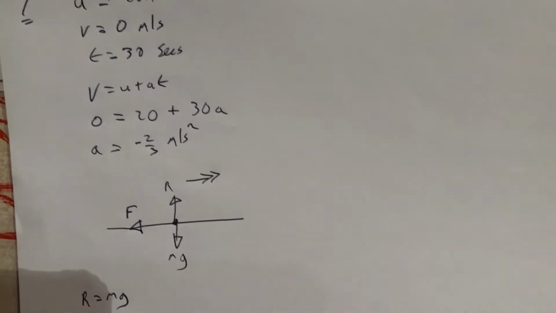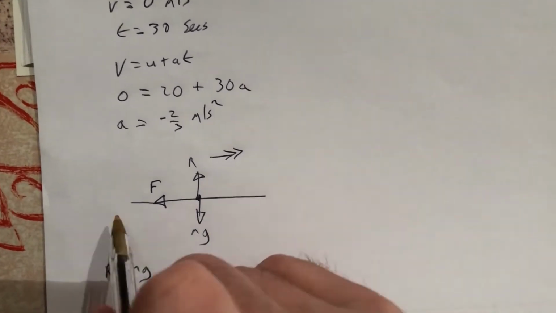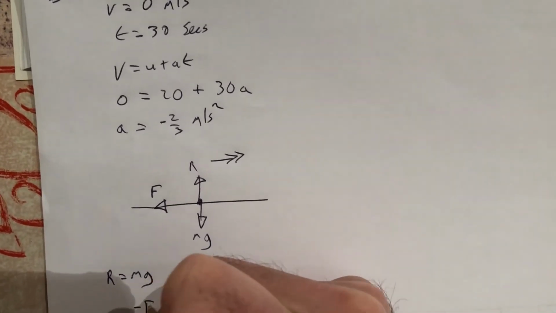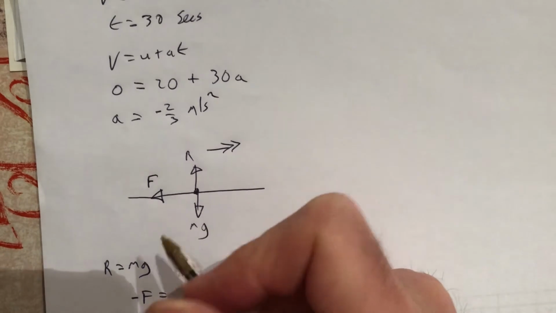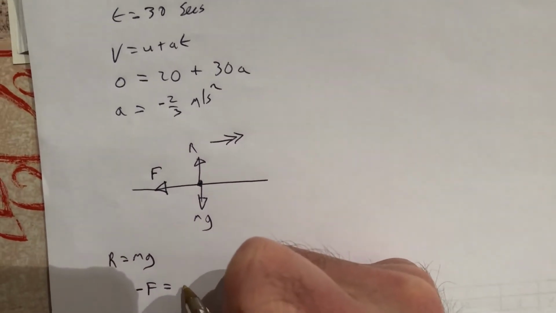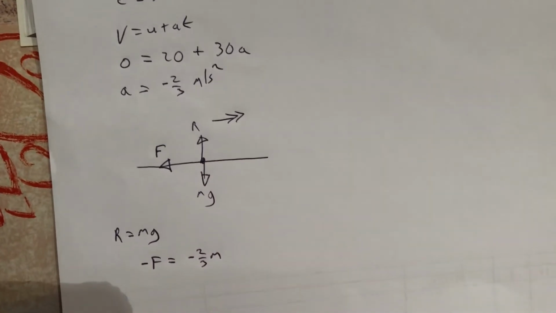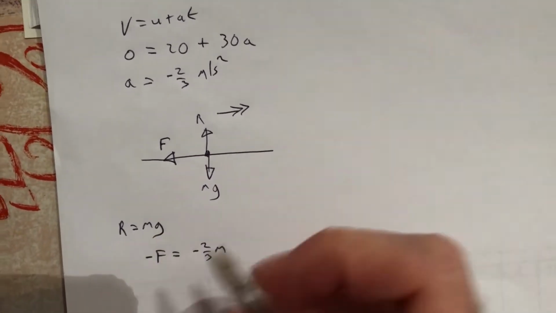So that means that resolving horizontally, you must have negative F is equal to mass times acceleration, which is equal to negative 2/3 m, and you've got R is equal to mg.